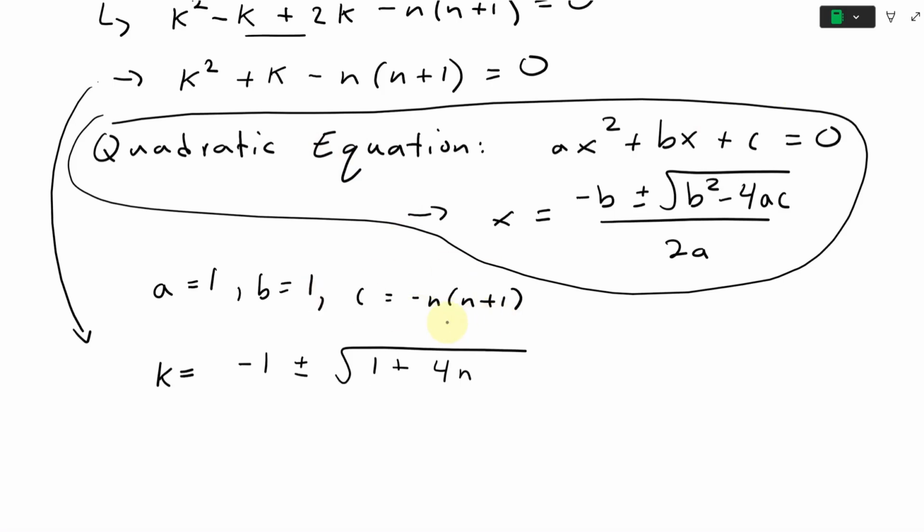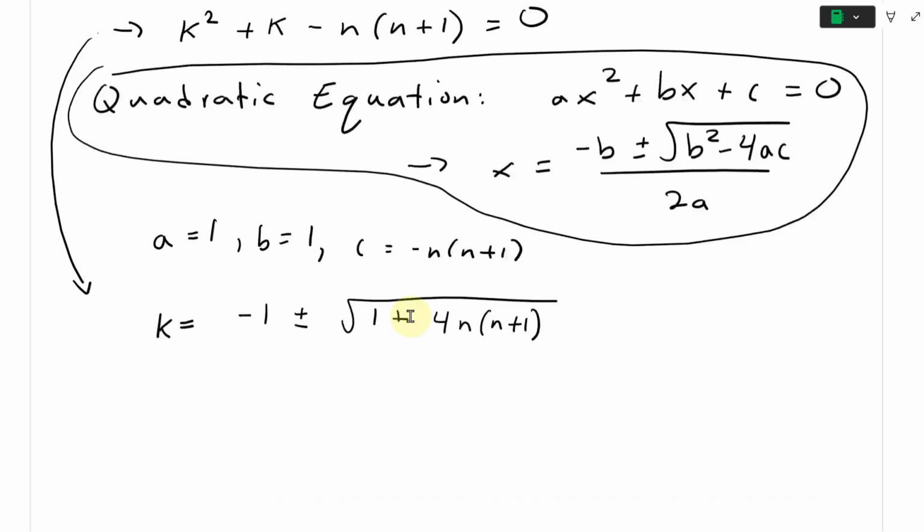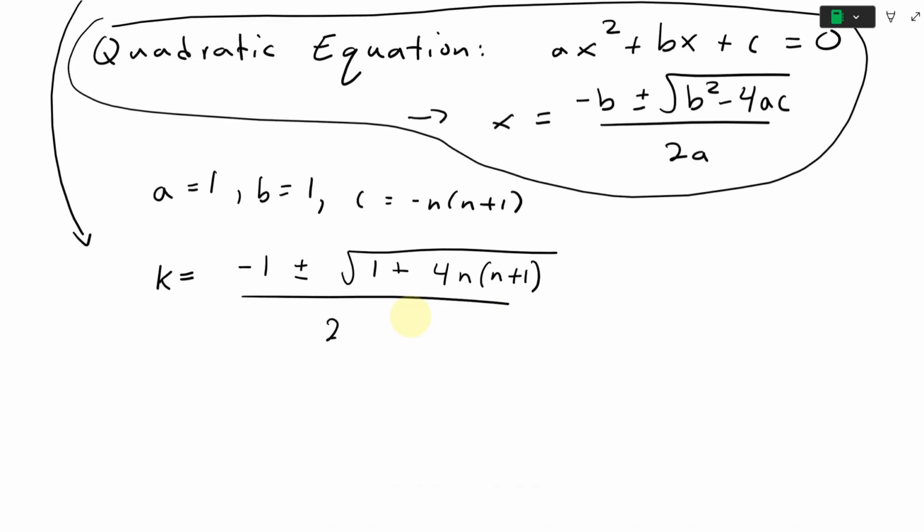So we have n and then n plus 1. And then divide this by 2 times 1. It's just 1. Let's put it for completeness. So just divide by 2.